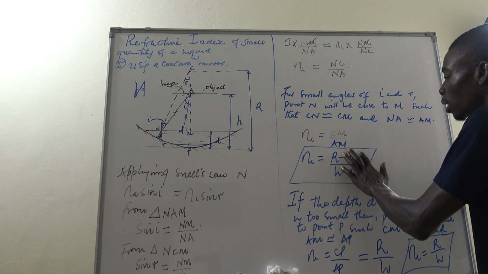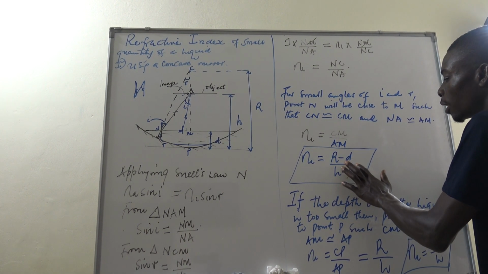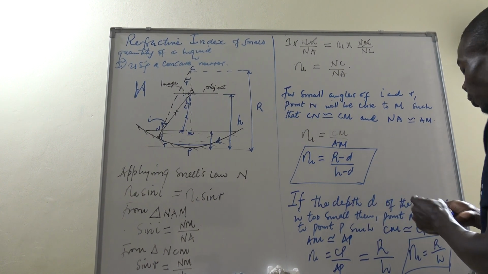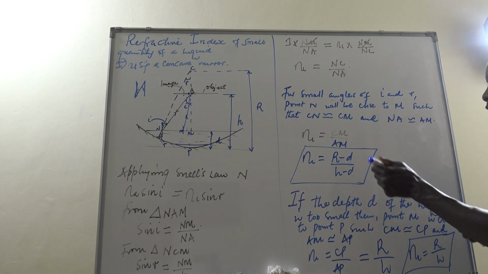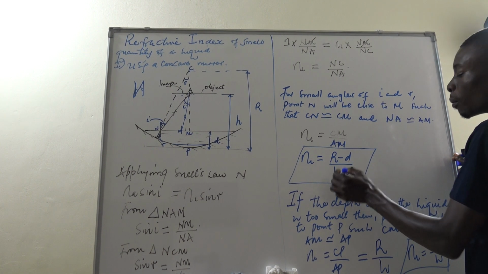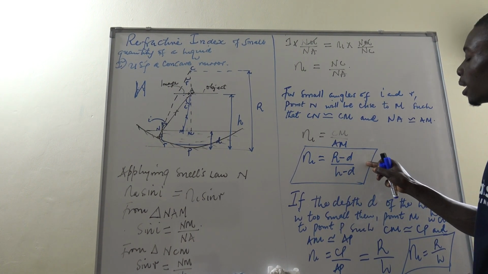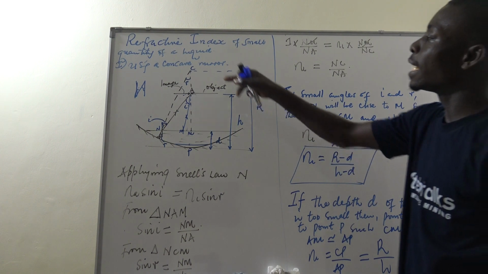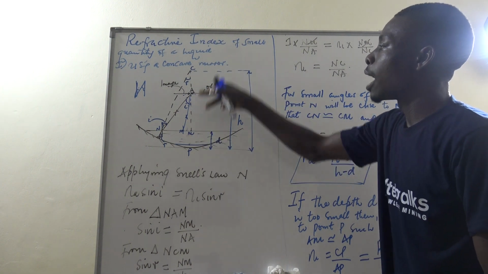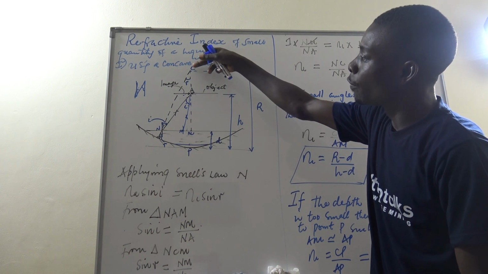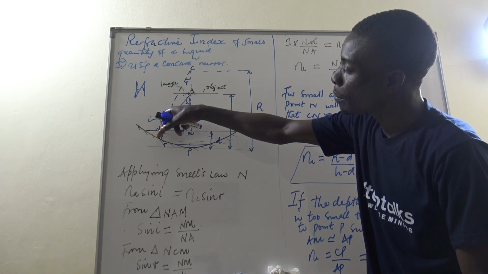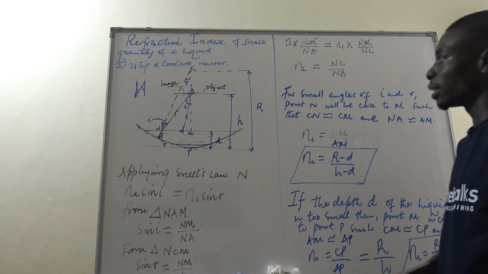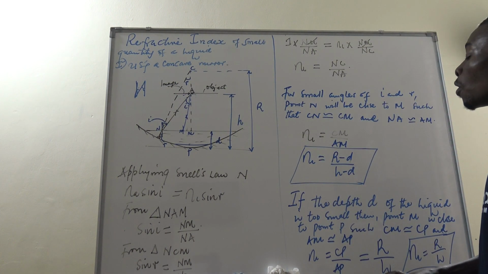So therefore, we can say that if the depth of the liquid cannot be neglected, the formula is R minus d out of H minus d, where R is the radius of curvature of the mirror, because we said that if we draw any line coming from the mirror that is normal, and the line is extended to cut the principal axis, it will cut it at the radius of curvature.